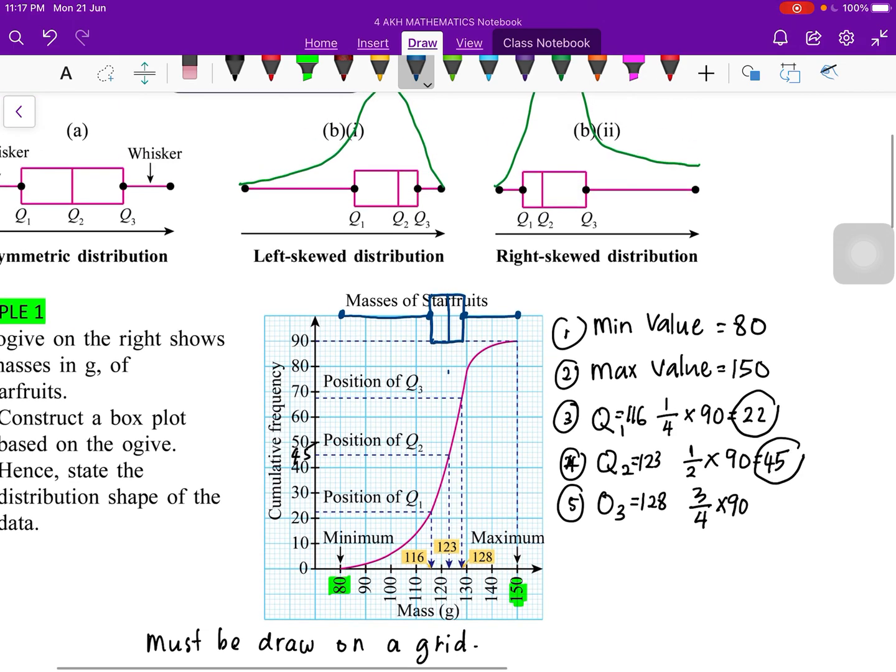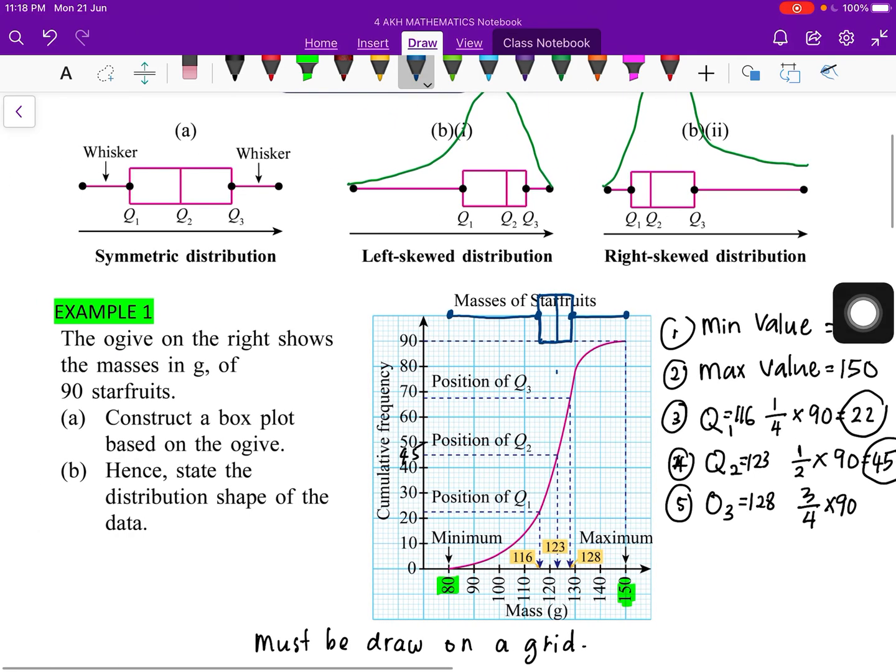So kita tengoklah. So when you bandingkan, see, it's easy. But this is a shortcut. If the question asks you to draw, then make sure you draw it on the grids. Okay, kenapa kena ada grid? It is so that we can know the distribution. Because here, the question will continue with, hence, state the distribution shape of the data.